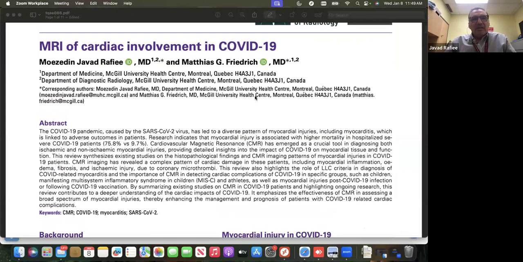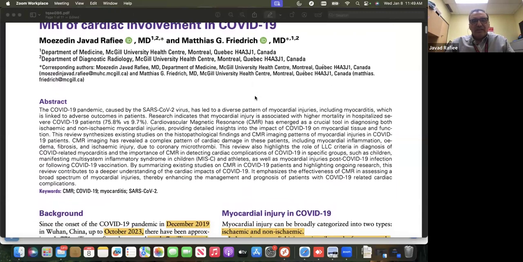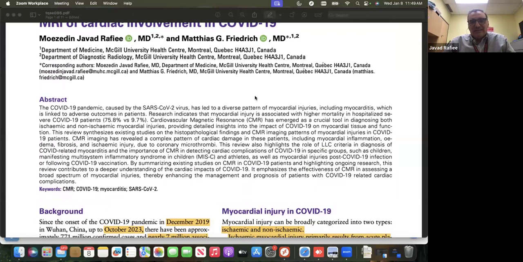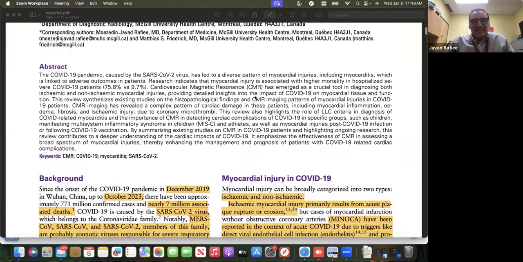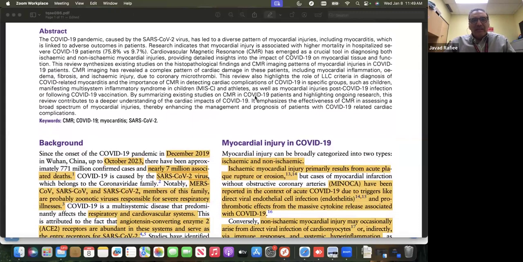This is the review article about cardiac involvement in COVID-19, written in cooperation with Dr. Friedrich. It gives me a sense of nostalgia when I discuss this article. Briefly, from the beginning of this pandemic to October 2023, it caused about 7 million deaths, and you can imagine the Austrian population is about 9 million, and Switzerland is 8 million.